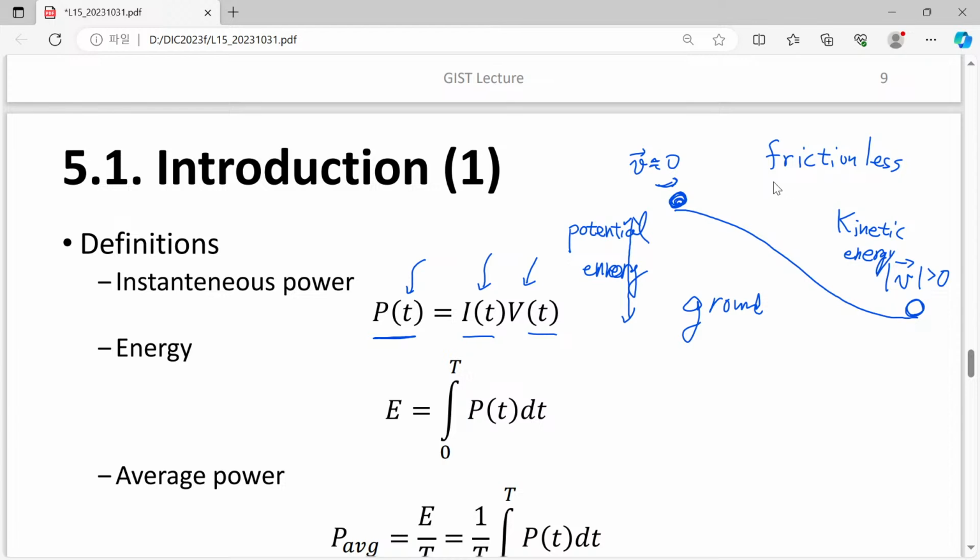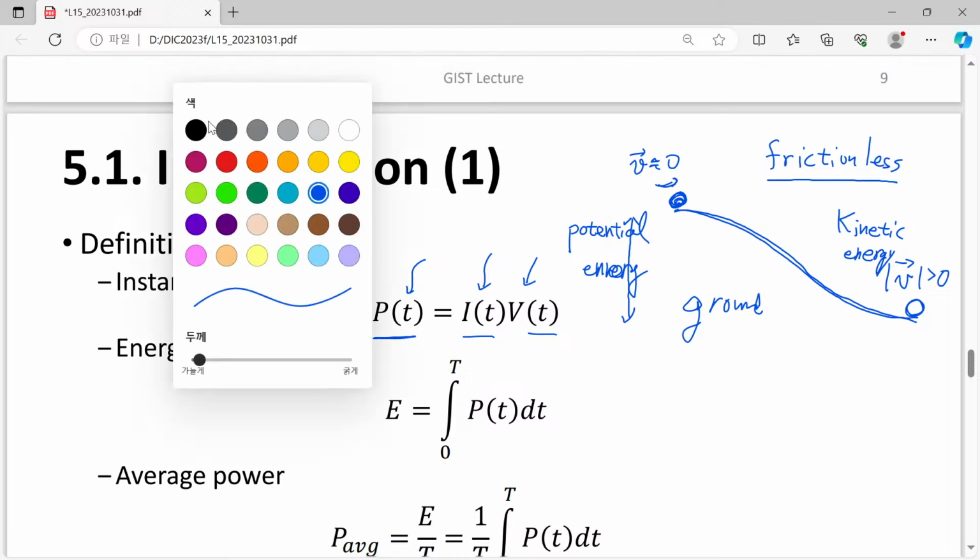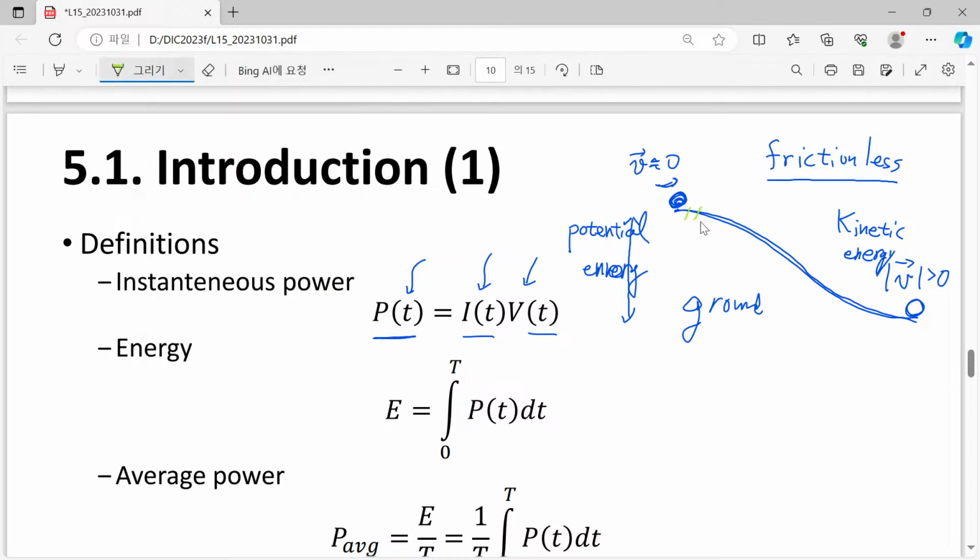However, this is really an ideal case, like frictionless. Now, instead of this roller coaster like situation, say that this is the real ground. So now you understand there are so many obstacles here. Let's say that if you just gently kick it, there is a certain motion.